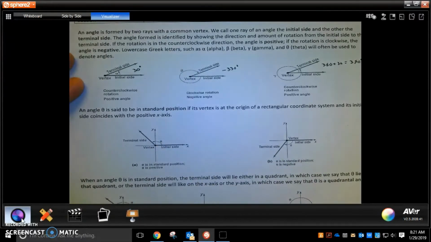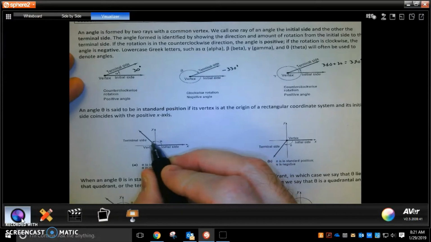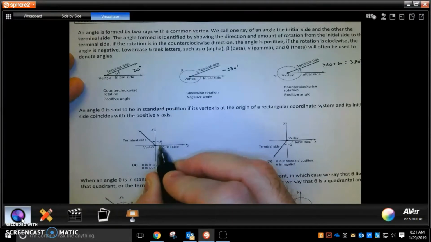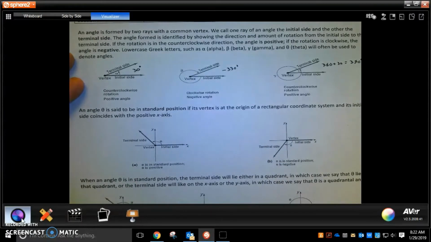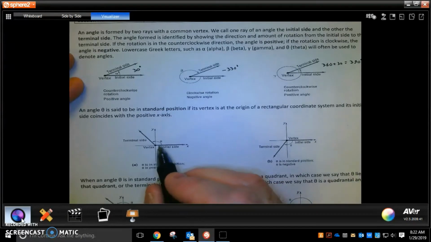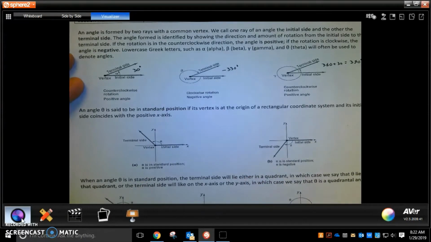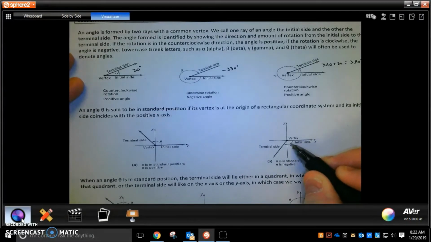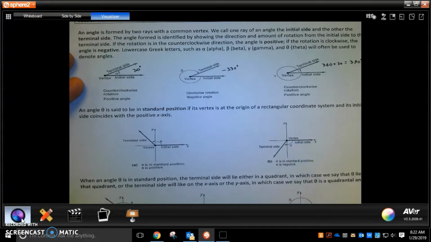They're labeling it with a theta, and this would be a positive angle. It's the way they're showing that arrow right there, that it's opening up in a counterclockwise manner.